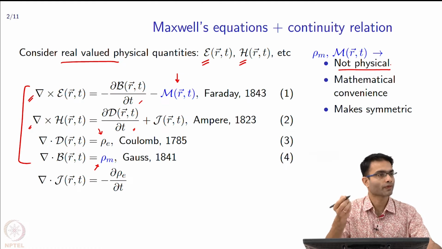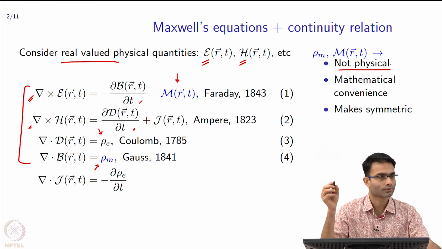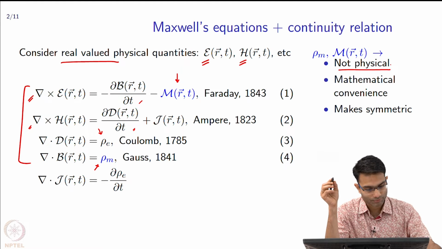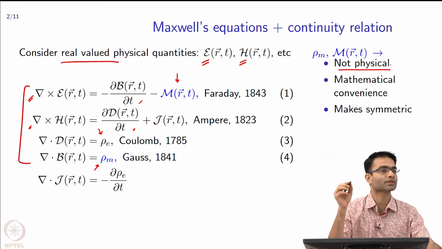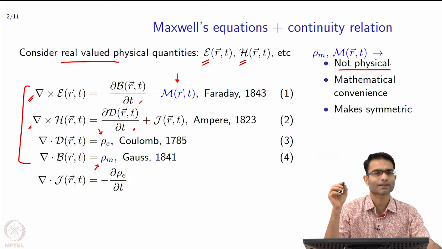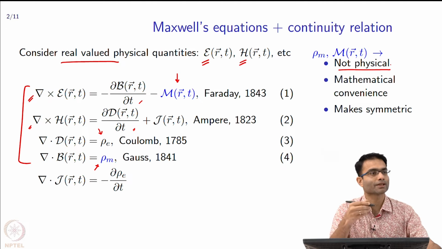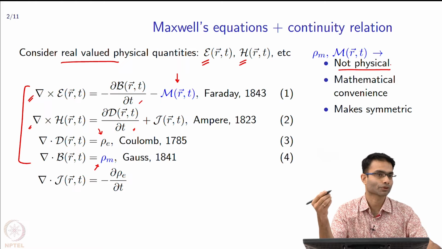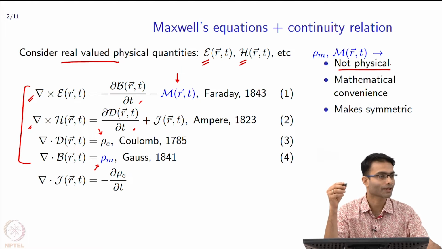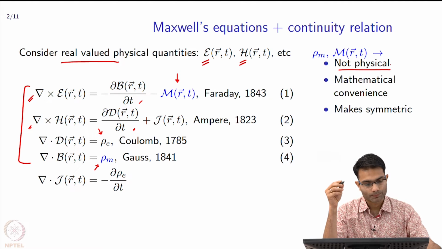So, if any of you do find it, there is a Nobel Prize waiting for you, okay. So, these are the equations that we will work with, okay. In fact, there is a paper by, I think, Dirac which mathematically shows that there should be a magnetic charge, but we have not found it, okay. So, if you are interested, you can read more on that.